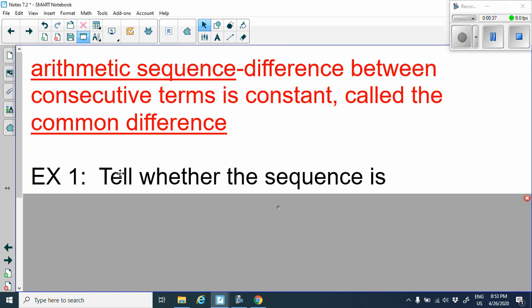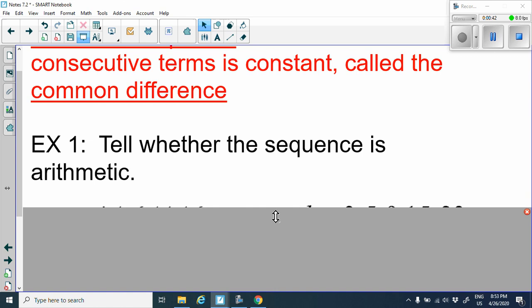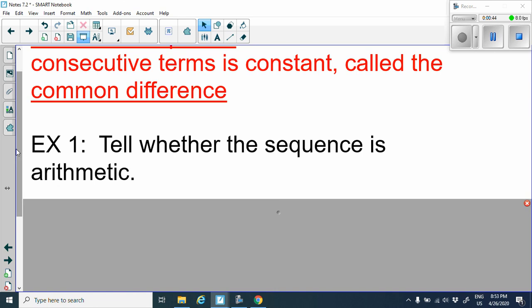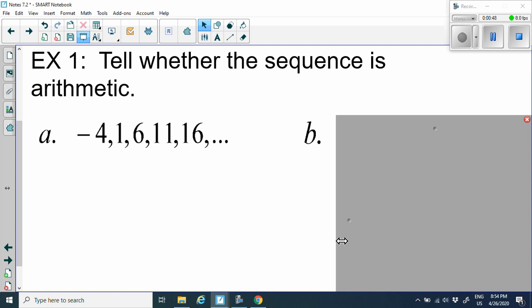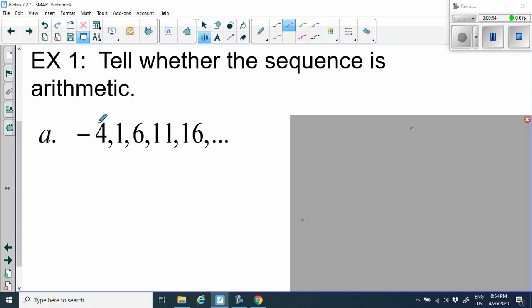So here we're going to go ahead and tell whether the sequence is arithmetic. This is our example 1. Let's do part A together here. What we're going to figure out is, to go from -4 to 1, what do we add or subtract?